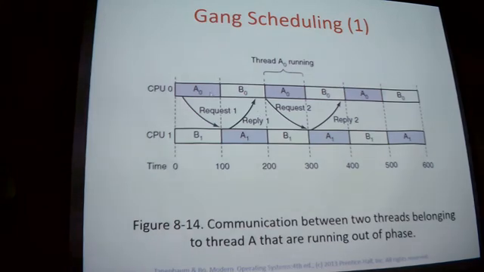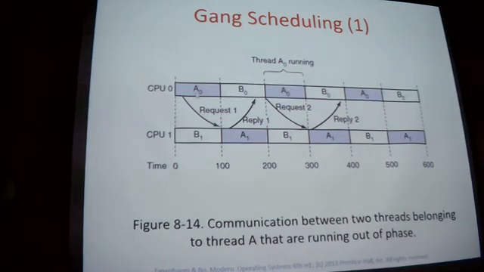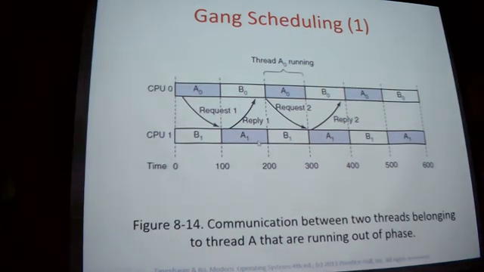But we should mention that there is a delay. When thread A0 sends a request, A1 doesn't immediately receive it. There is a delay. It will come sometime later.